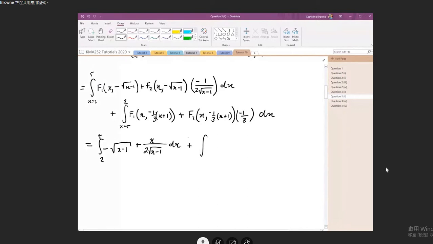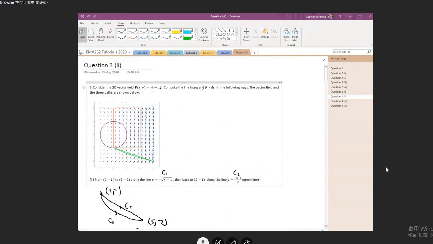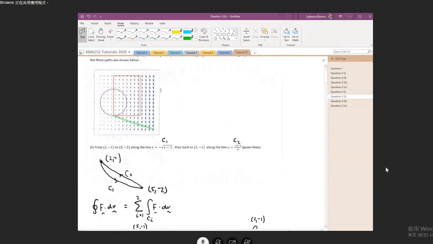And then the second integral here is from 5 to 2. So again, f1 is y, minus 1 on 3 x plus 1. So my f was y i minus x j.